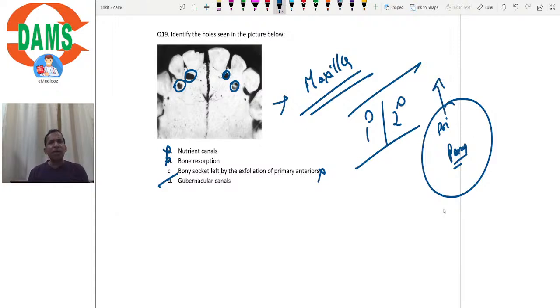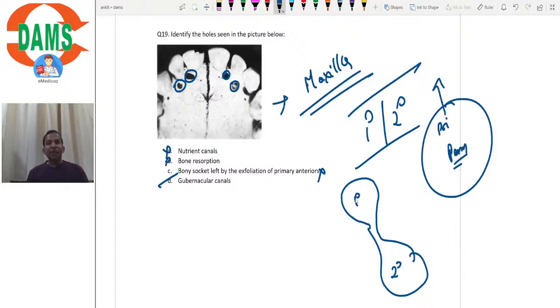The permanent tooth takes longer to form, isn't it? The primary tooth on the other hand forms relatively quickly, isn't it? So the primary tooth will make its own bony crypt and the permanent tooth will have its own bony crypt, and yet they are both connected. These bony crypts are connected. And this connection between the bony crypts of primary and permanent is called the gubernacular canal, isn't it?